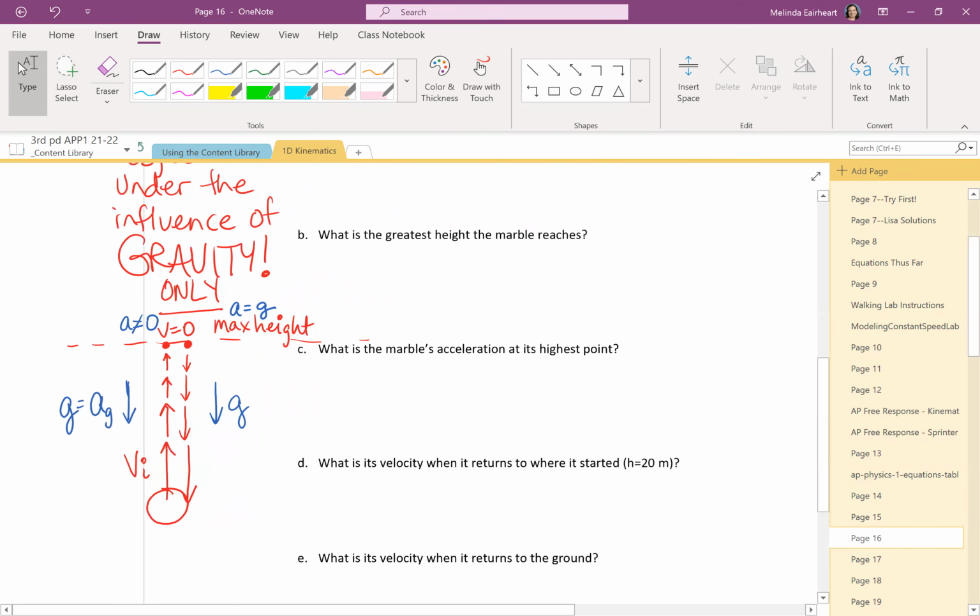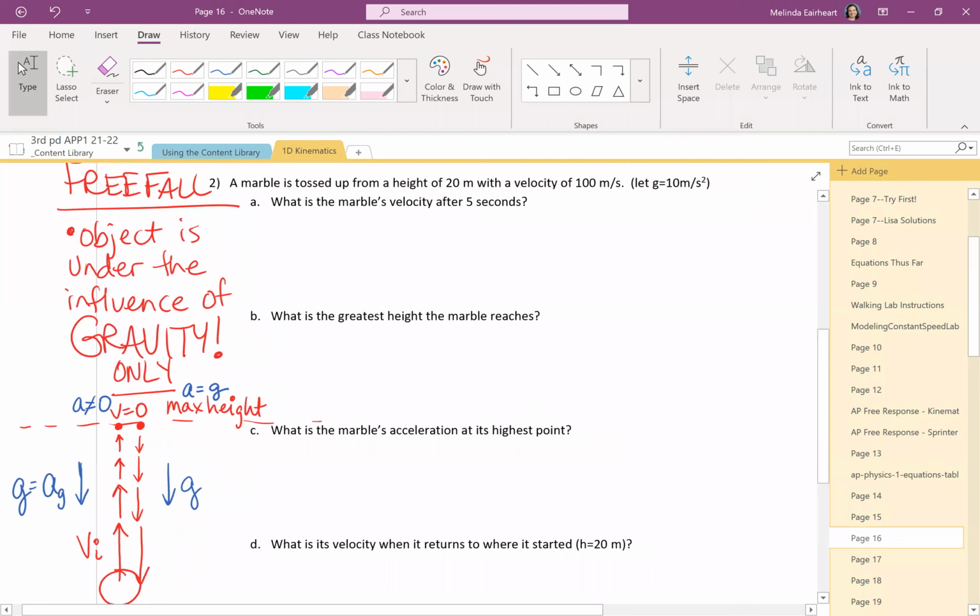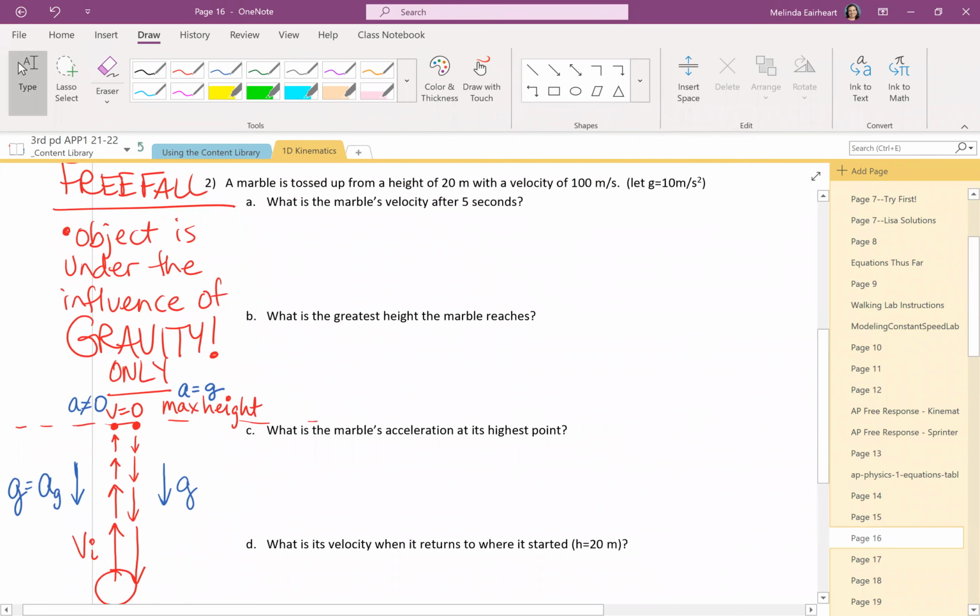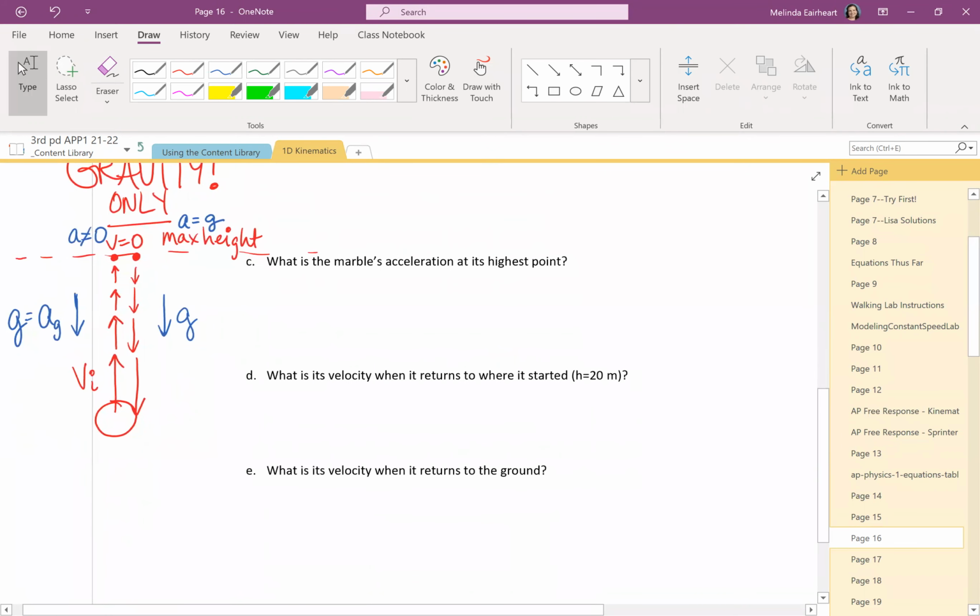Okay, let's start solving this problem. A marble is tossed up from a height of 20 meters. So it has an initial vertical position. We don't start at 0. So maybe in my picture, I come over here and at the initial part, maybe initial position is 20 meters.